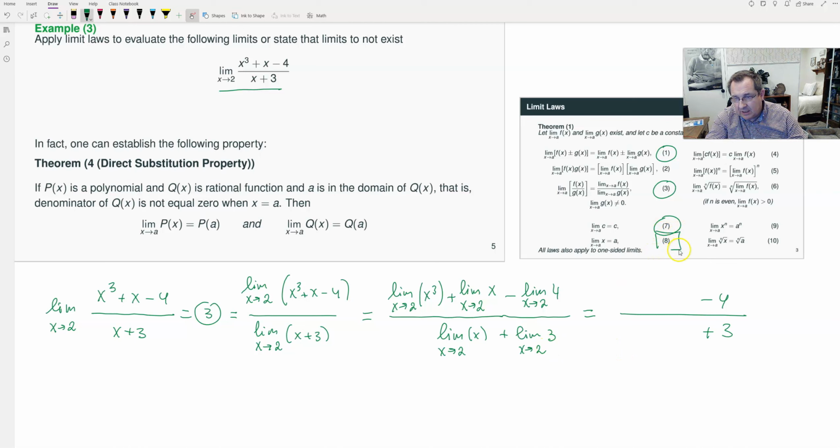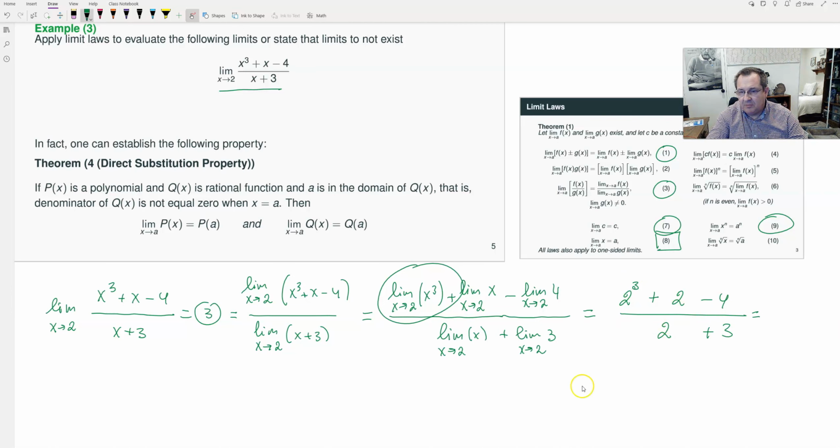The formula 8 tells me that the first term in denominator is equal to 2, and the second term in the numerator will be equal to 2. And finally, the formula number 9 tells me that the first term in the numerator will be equal to 2 cubed.